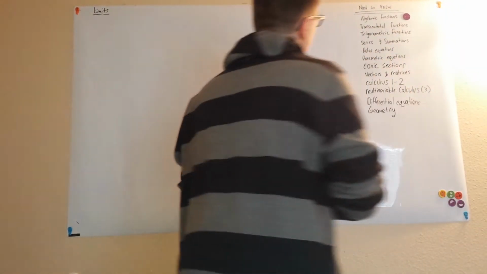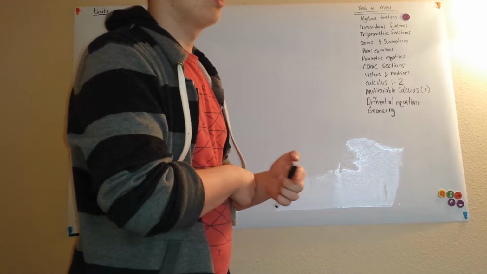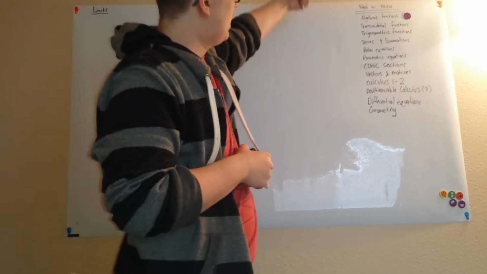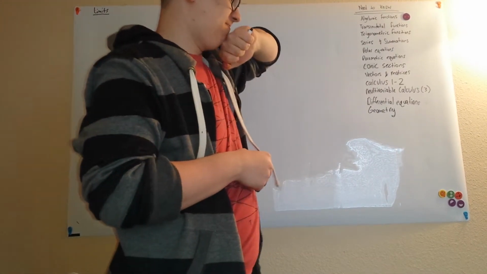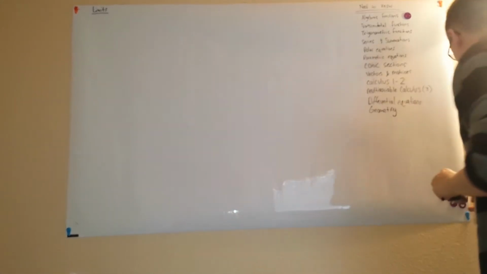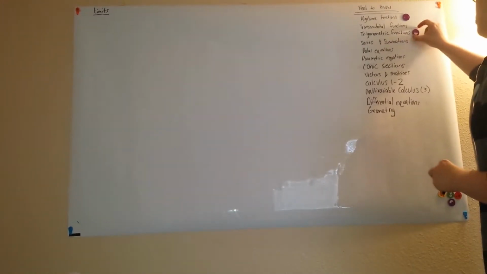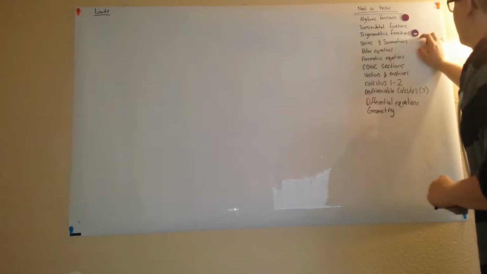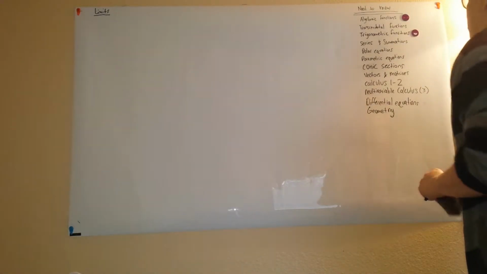So analytically, solving these limits. For analytical limits, we need to know algebraic functions. And then we'll need to know trigonometric functions. Not transcendental, just trigonometric functions and algebraic functions.